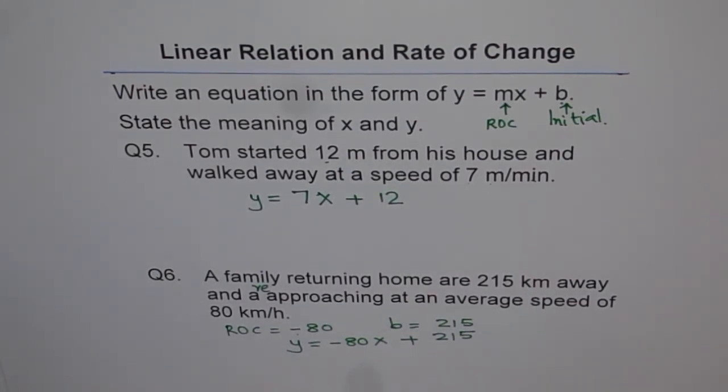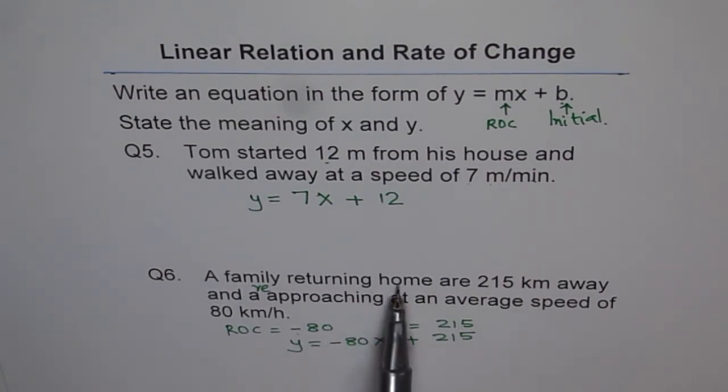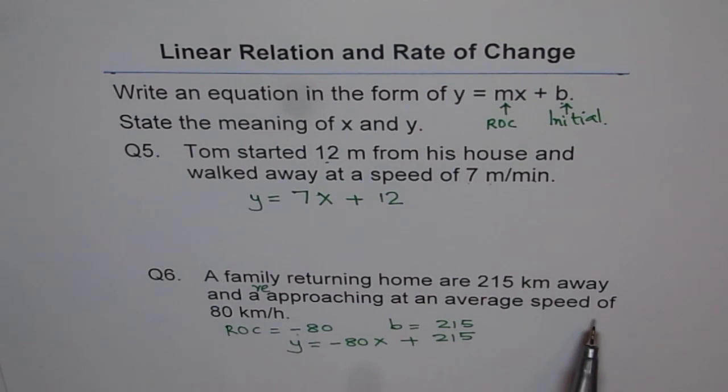Now you can explain what is y and what is x. x is the independent variable, time in hours, and y is the dependent variable, distance from home in kilometers. Do you get it? So that is how we can explain our variables and represent the situation algebraically in the form of a linear equation, correct?